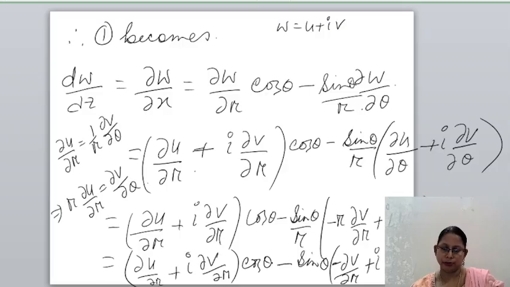So in the next step, all the remaining terms will be left as they are.